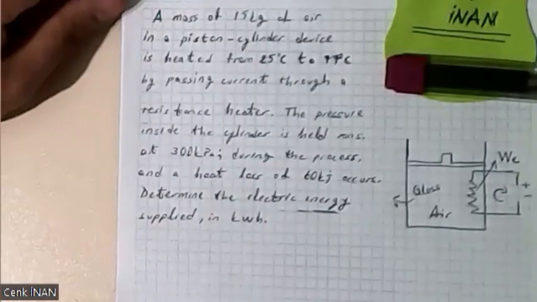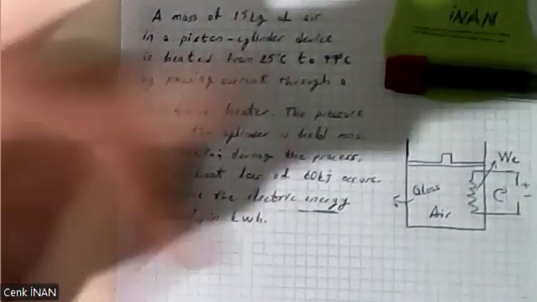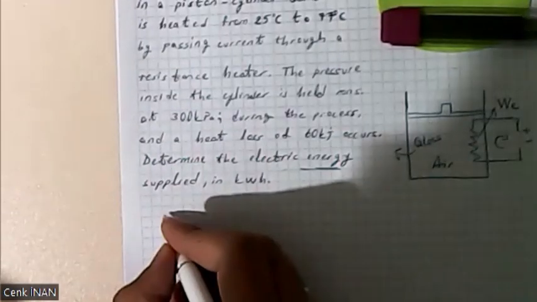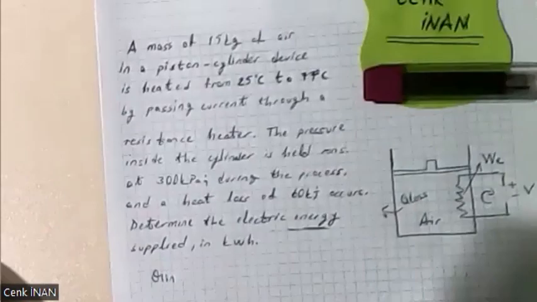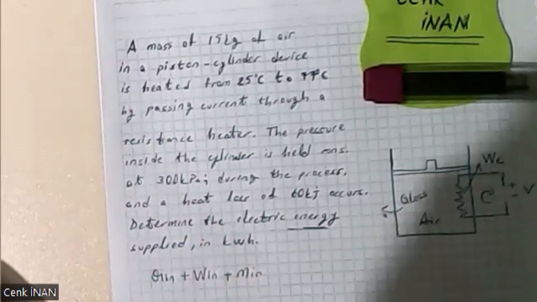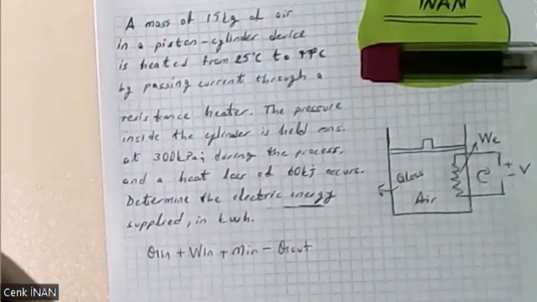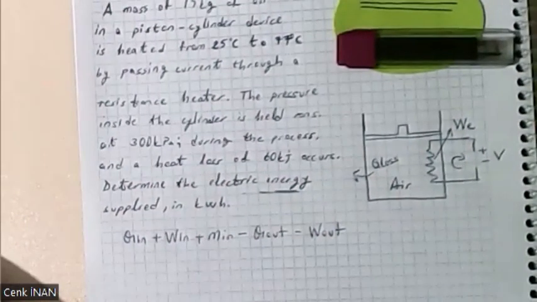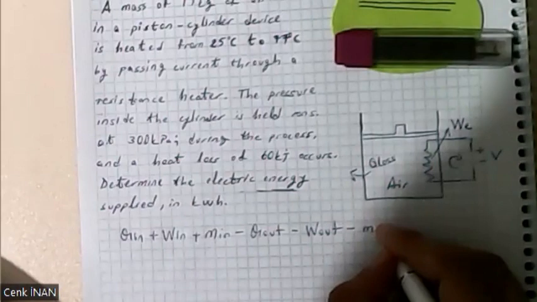As you can remember from the general energy balance equation, for a closed system we had Q input, then work input and mass input, minus Q output, heat loss, and minus work output, any work that we gain from the system, and minus mass output.